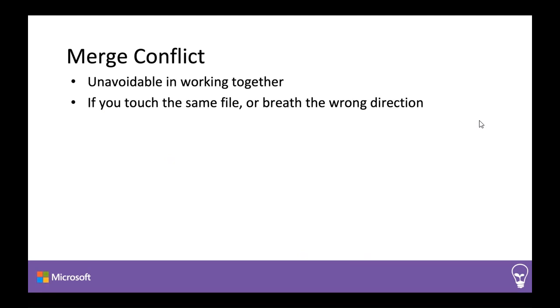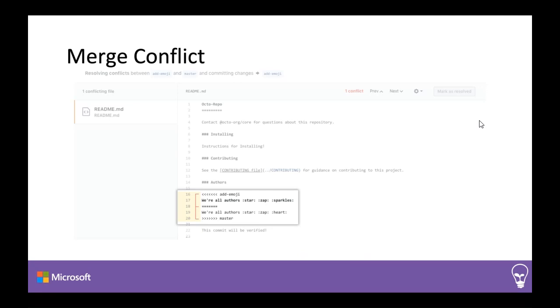That's just sort of the reality of it, but it's a really awesome tool if you've both touched the same file. It gives all the control to the developer managing the pull request, to sort that out at the time. So what that looks like here, see down the bottom, two different people have changed the same line.